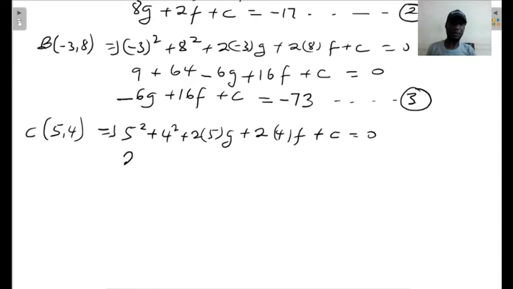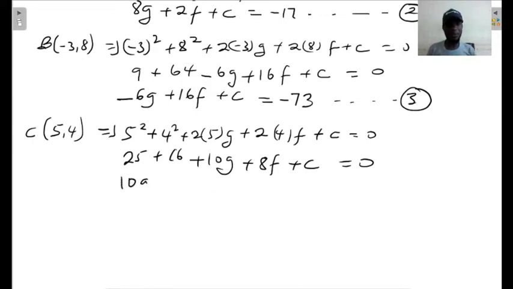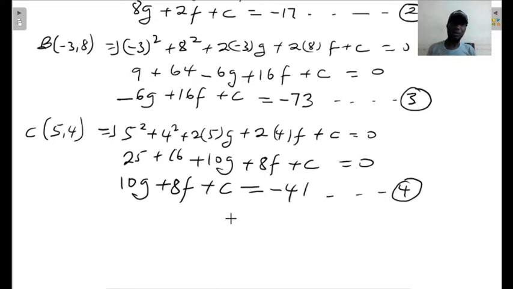This gives us 25 plus 16 plus 10g plus 8f plus c equals 0. Simplifying and rearranging, we get 10g plus 8f plus c equals -41, equation 4. Let's rewrite all these three equations together so that we can solve them simultaneously.